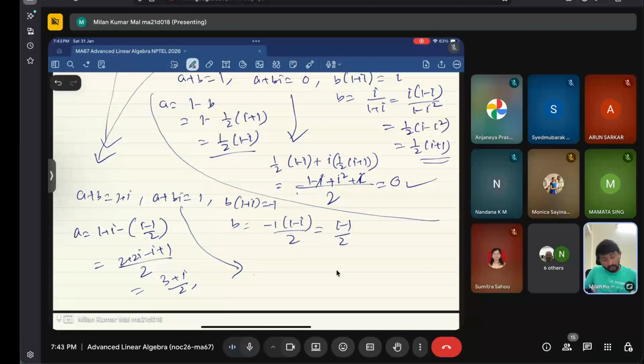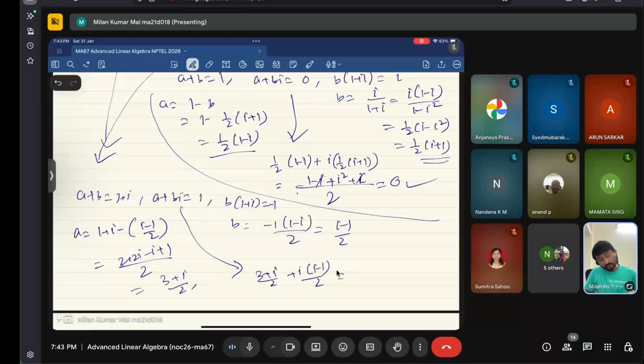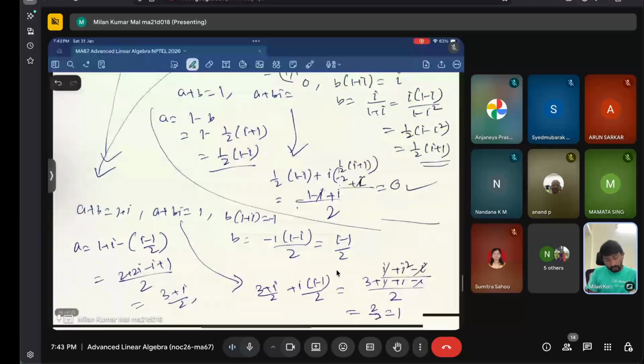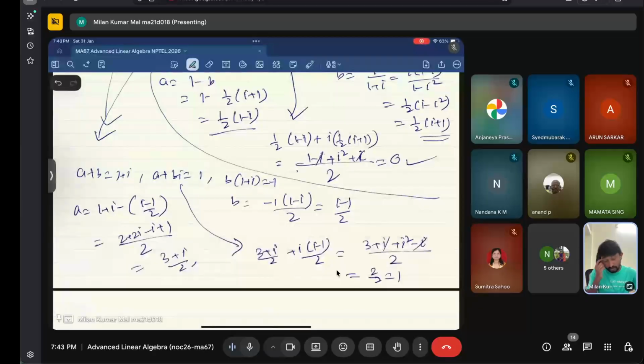So a is (3 plus i) by 2 plus b, which is i into (i minus 1) by 2. This is equals to 3 plus i plus i square minus i cancel out, but here it is becoming 3 minus 1, 2 by 2, that is equals to 1. So that's becoming 1. That's correct. So that option 3 is also correct, I think.